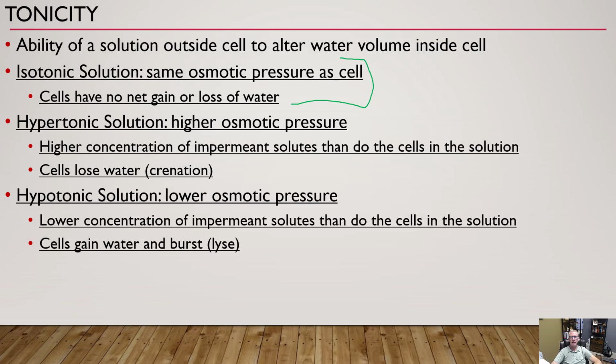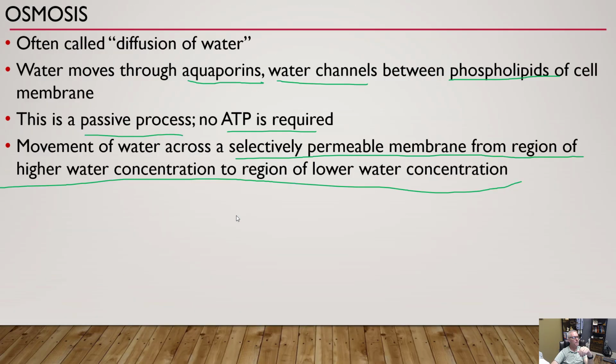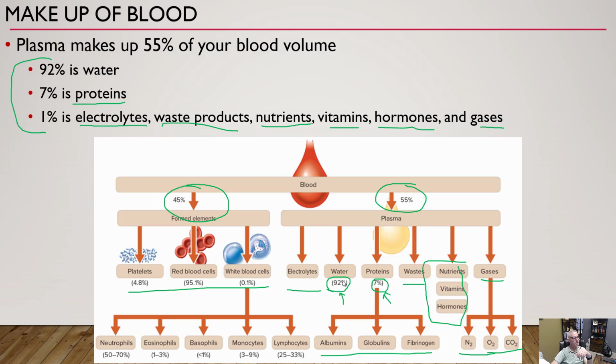So inside the bloodstream, you're going to have a lot of impermeate solutes compared to those cells. Remember, the movement of water would go from the cells to try and dilute the proteins and all of those impermeate solutes, that other 8% that we're talking about: proteins, electrolytes, waste products, nutrients, vitamins, hormones, gases.